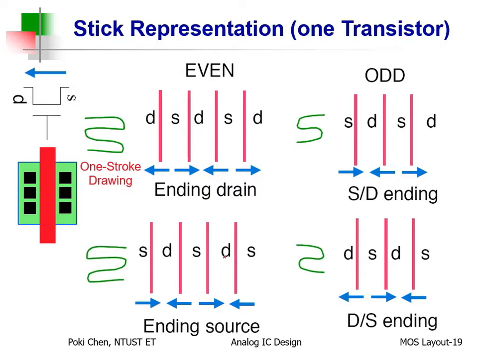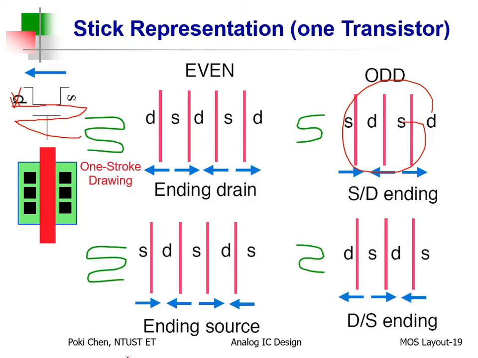However, if you have an odd number of segments, what will be the consequence? Again, from drain, 1, 2, 3.